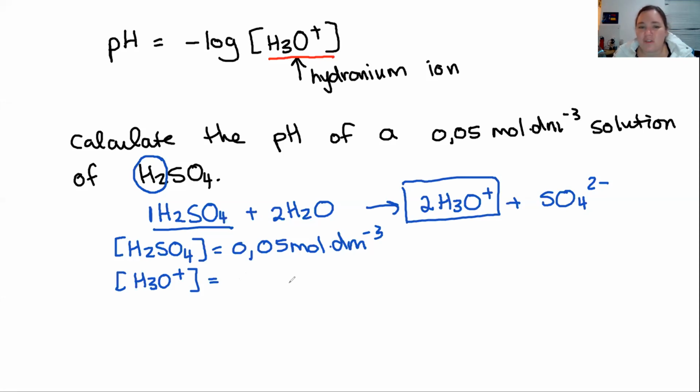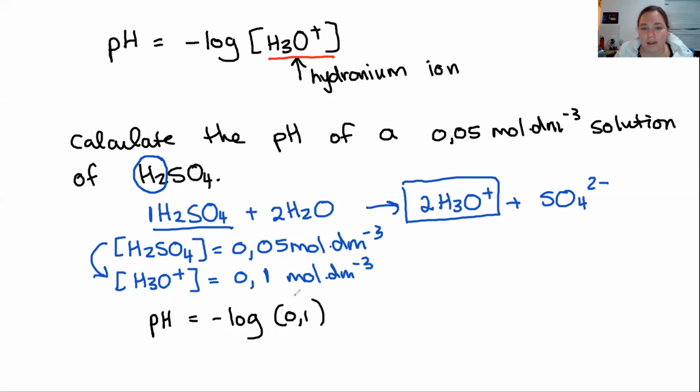Now, I find that you don't have to show your calculations. If you're good at maths and you don't mess up, I sometimes do, so I probably shouldn't speak on this, but if you don't mess up, you don't have to show that it's 0.05 times 2 and how you got there. You can just assume that they can see you've done that step. In fact, you don't even have to show them that step. You can just jump straight in to pH is negative log of 0.1, and if you got the 0.1, they know how you got it.